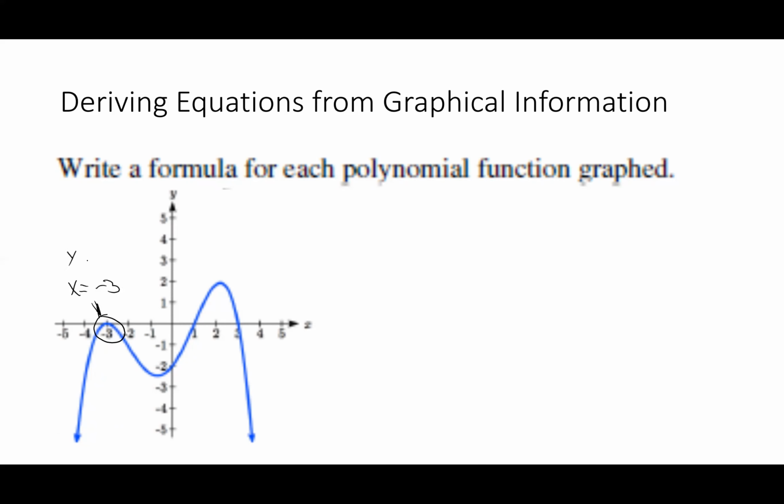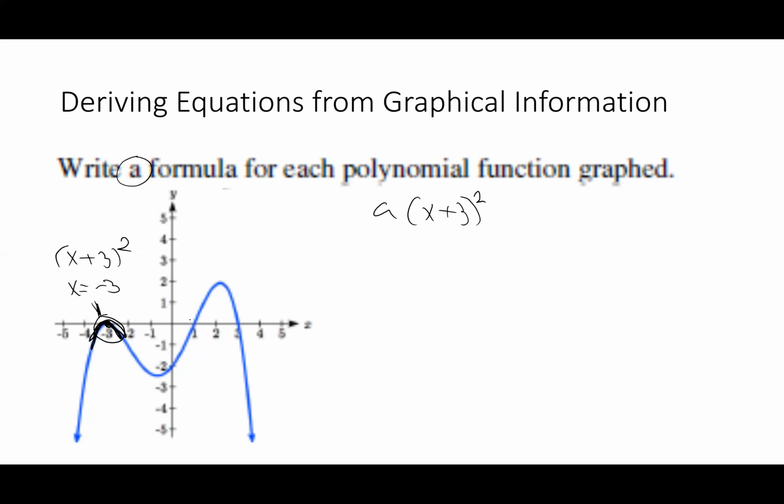That means I'm going to have a factor of x plus 3. So we start with our polynomial, and I know I'm going to have x plus 3. Also, observe that I'm bouncing when I hit the x-axis here. So that's going to be squared. I could write 4th or 6th or 8th or 10th. This is where a the polynomial is actually okay.